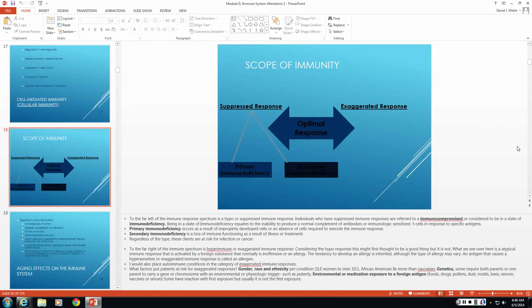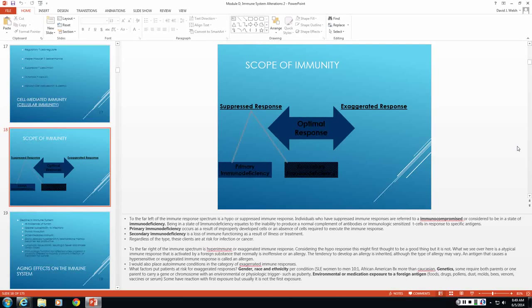Now, on this slide, you see to the far right of the immune spectrum is the hyperimmune or exaggerated immune response. Now, considering the hypo response, you might think that this is the best thing that could happen, but it's not.